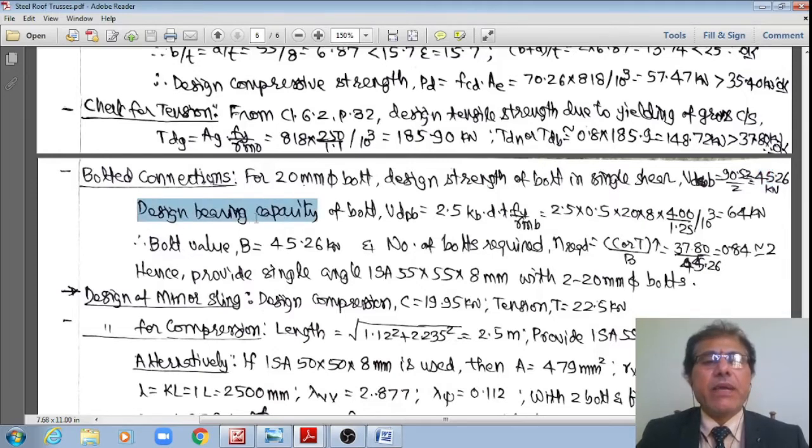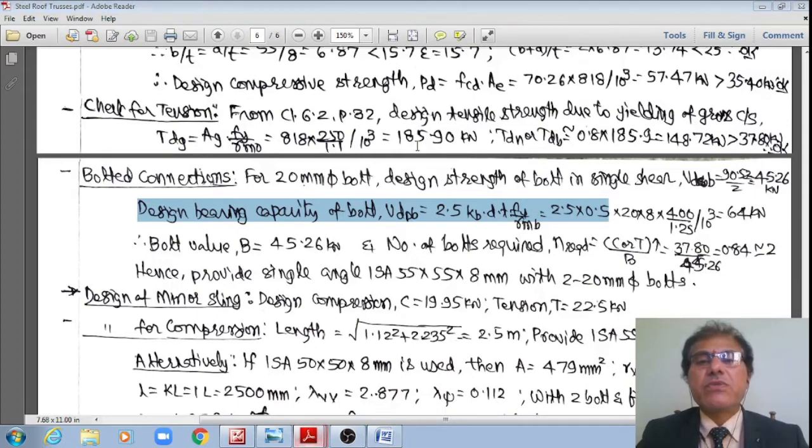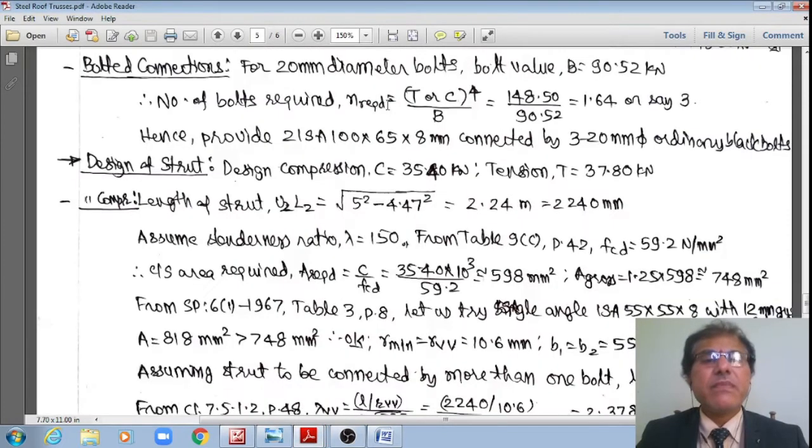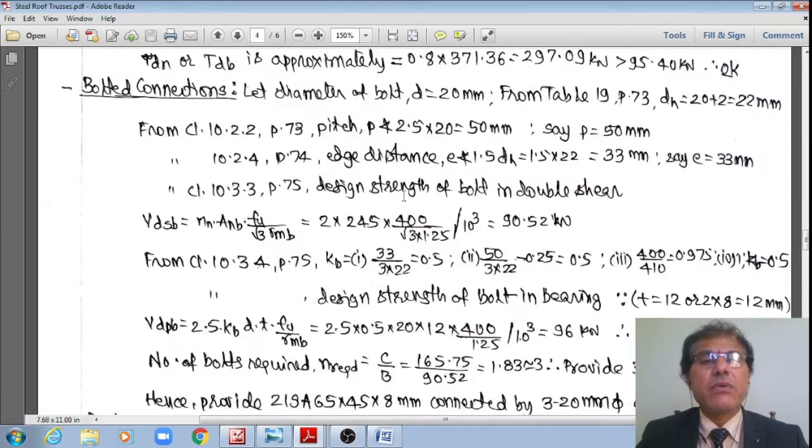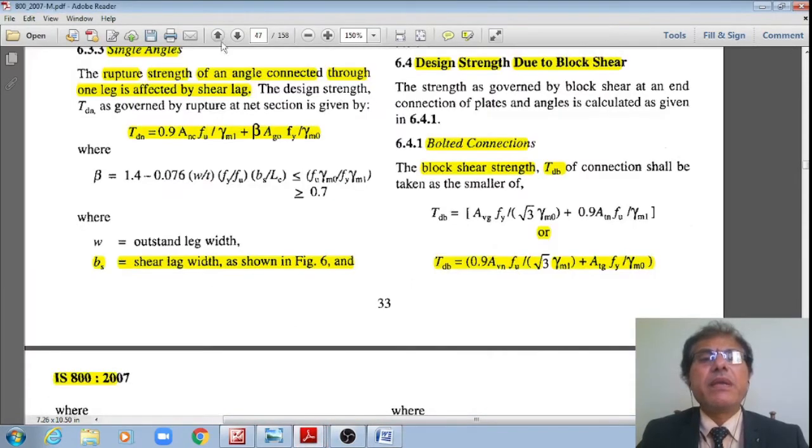single shear criteria, whereas the design strength of the bolt in bearing criteria is VDPB equal to 2.5 kb d t fu. Let me see this codal specification, students, right? Let me go back to page number 75, right?